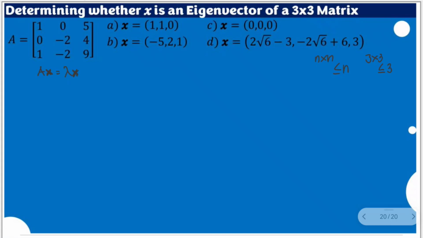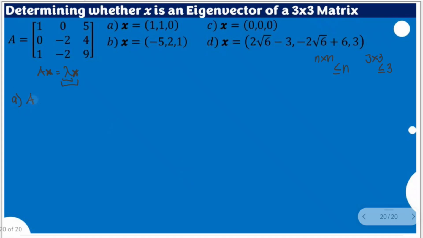A times your vector x must be representable as a product of a certain lambda and the same vector used. If we can show that, then lambda is the eigenvalue and the vector is the eigenvector of matrix A.